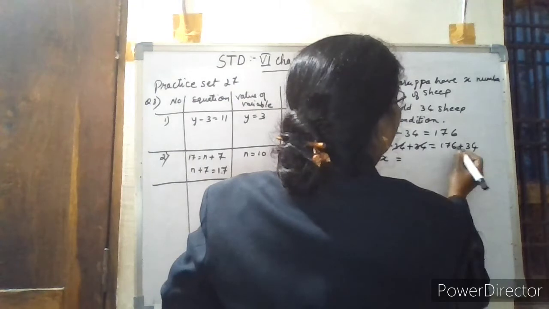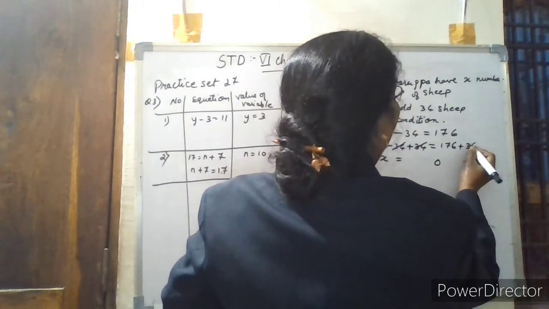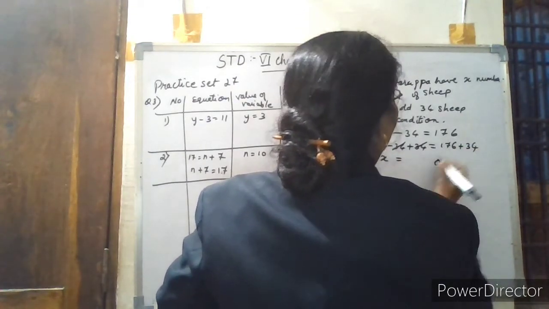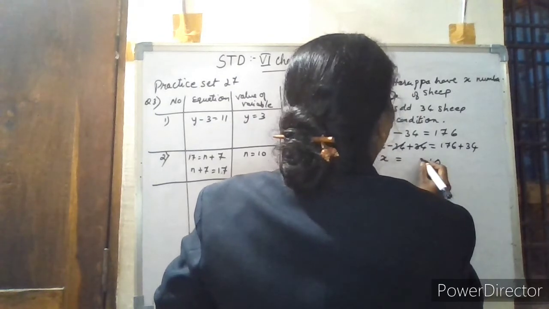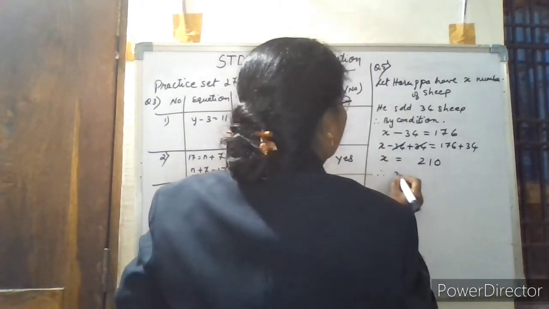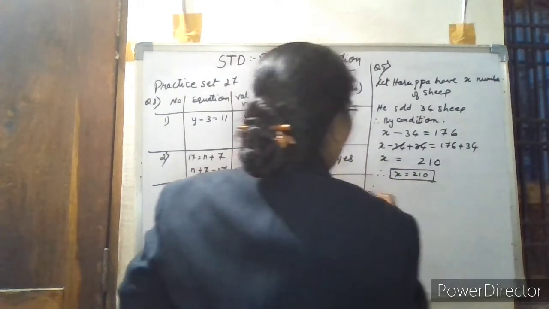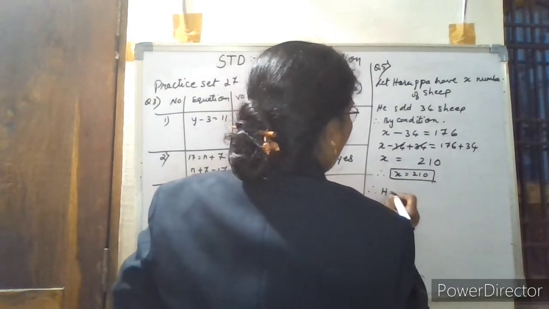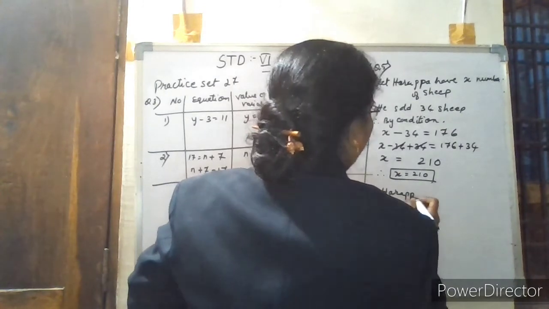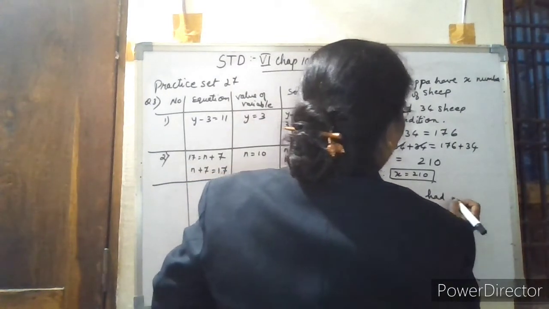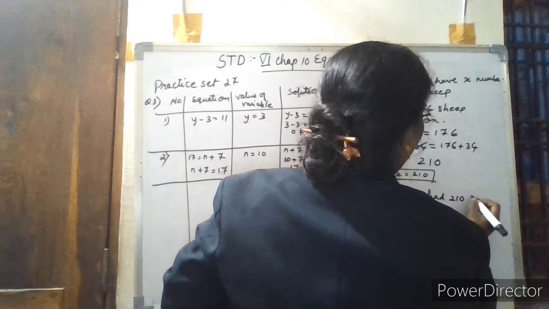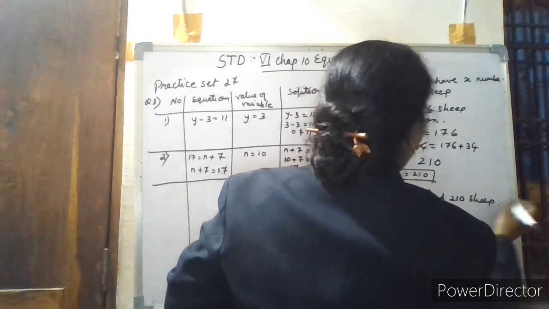Add this: 6 plus 4 is 10, carry 1. 3 plus 4, 4 plus 1 is 5... 1 plus 7 is 8... So therefore X is equal to 210. That means Harappa had 210 sheep altogether.